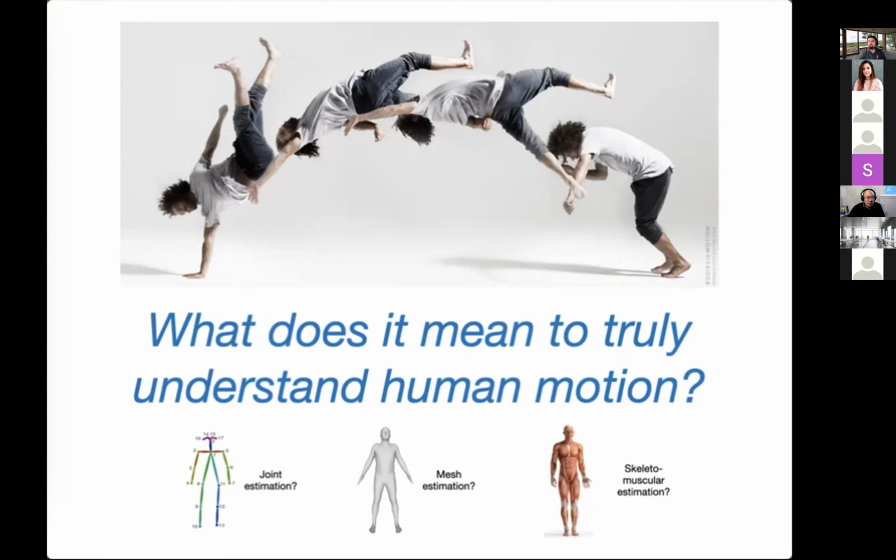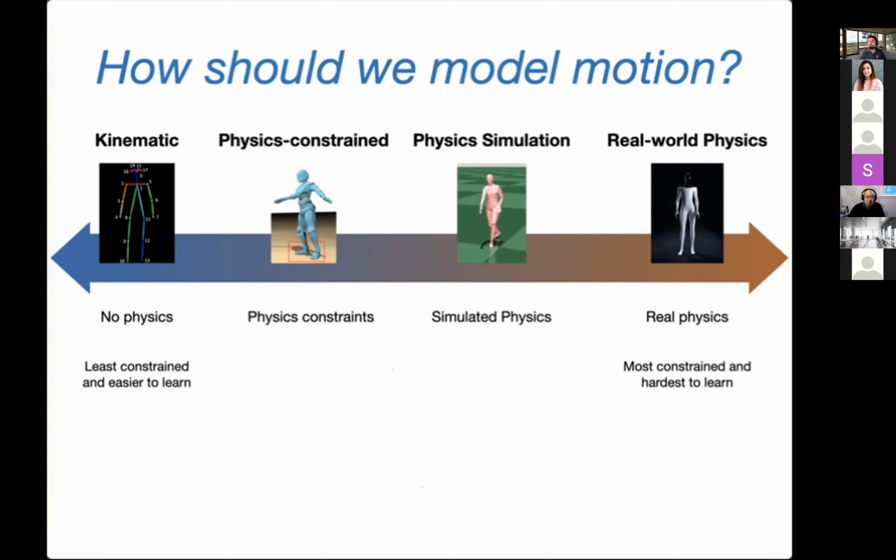What does it mean to understand? For the sake of argument, let's say some mesh model is sufficient for understanding human motion. Then the question is, once you've got the representation, what should the motion model be? How should we model that human motion?